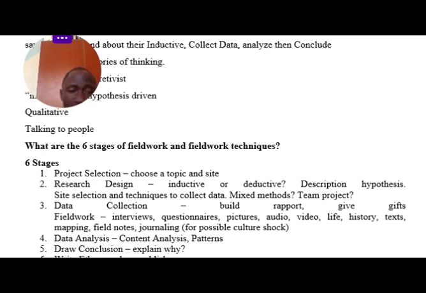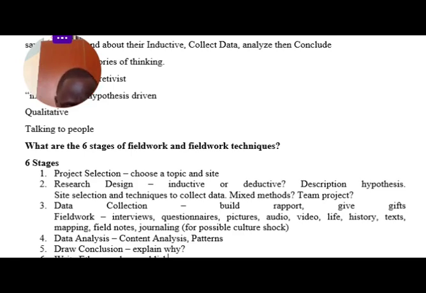We have the first stage known as project selection. In other words, we choose a topic and a site where we are going to be conducting our fieldwork study. Then we look at what we call research design, the inductive and deductive approaches, and the description of hypothesis.